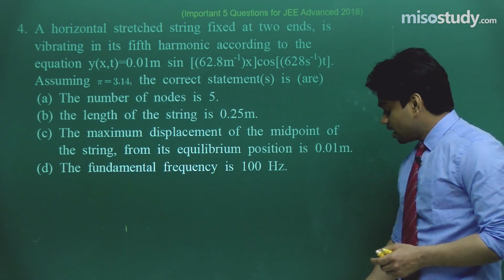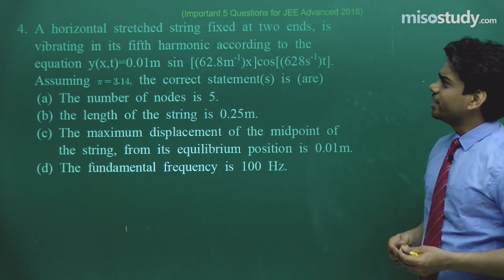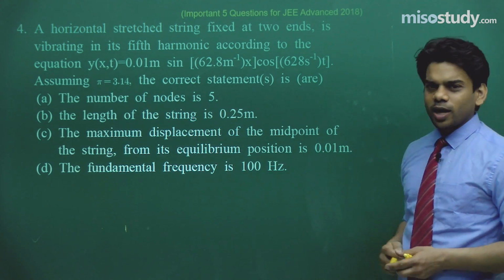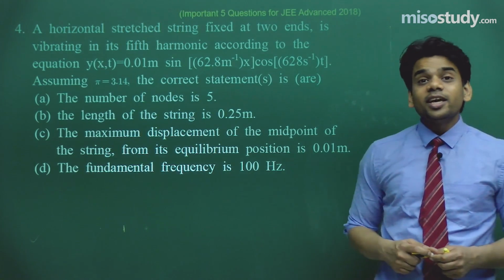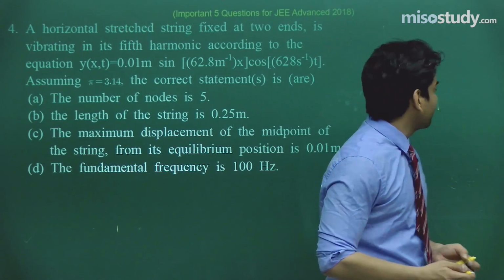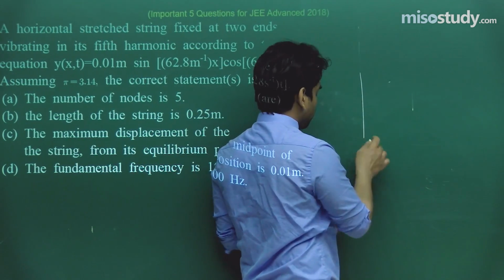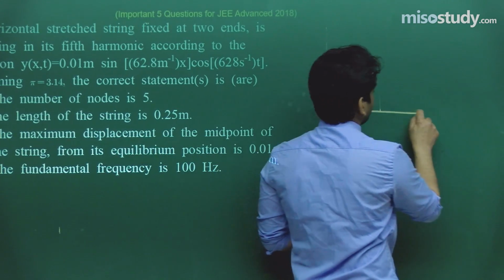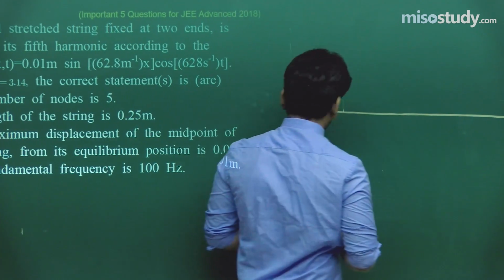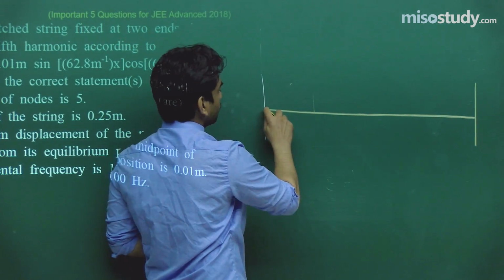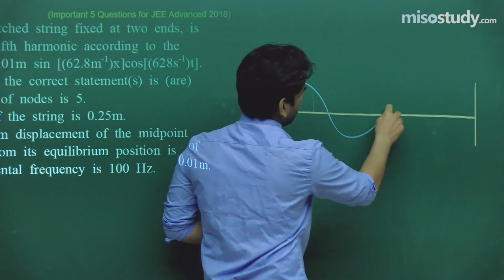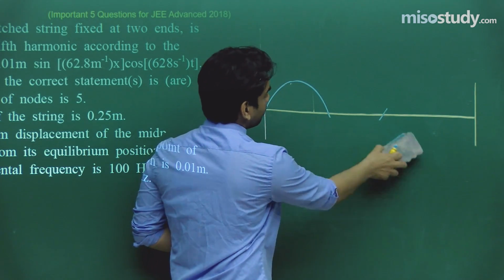We got this. Now it says that the string is vibrating in the fifth harmonic. It's a case of standing wave. If I draw the string, how will it look? This will be the string. It's a case of fifth harmonic, so I'm showing you the number of nodes and antinodes that you have to draw.